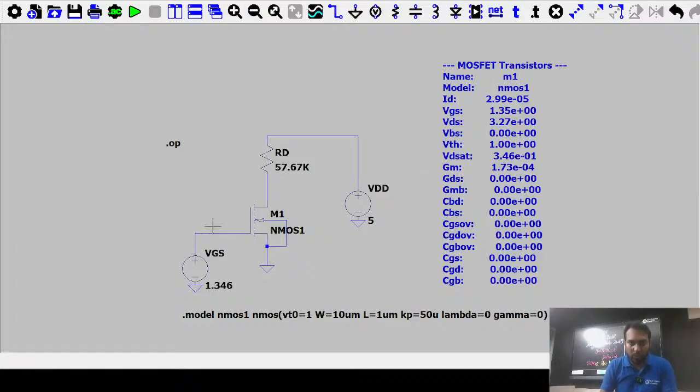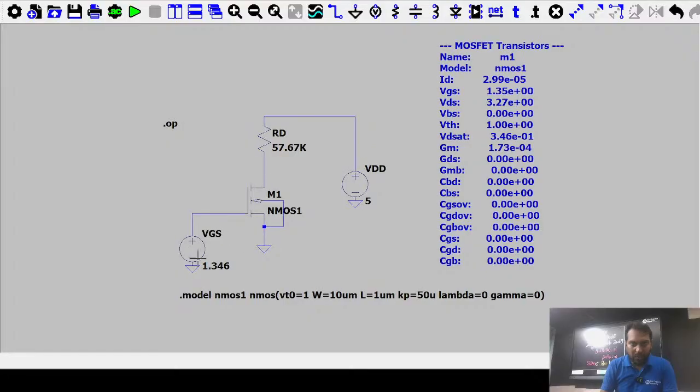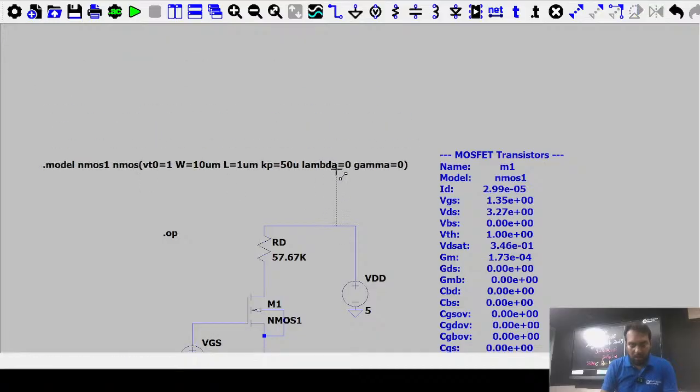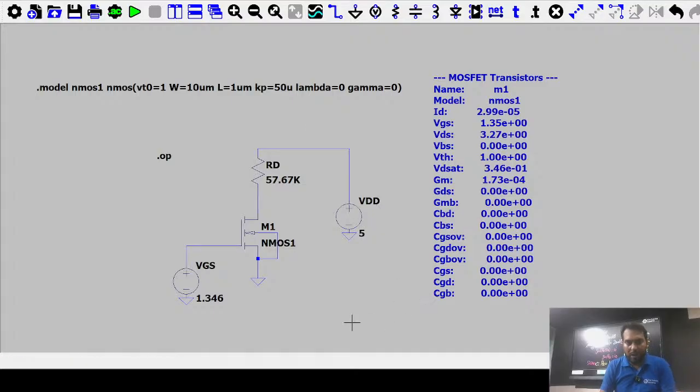Okay, so let's try to solve it. I am just changing something here. I am removing this and using a sinusoidal signal. I am superimposing one voltage, just a superposition there.